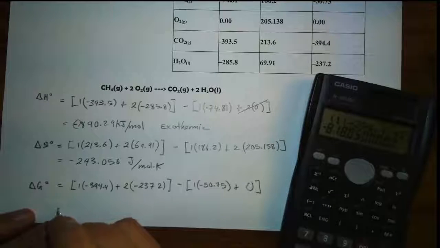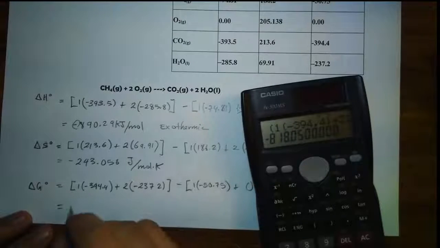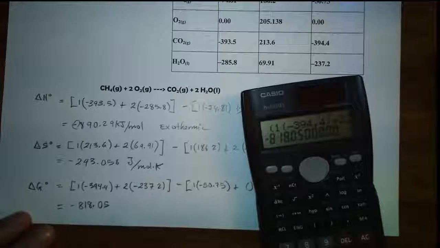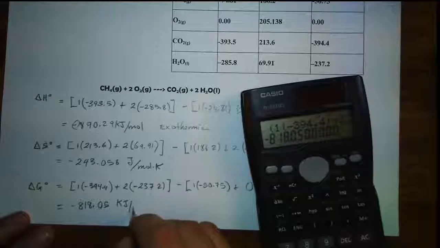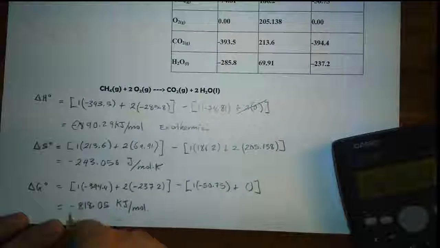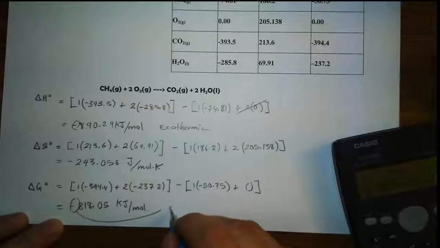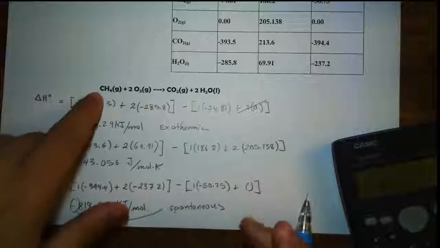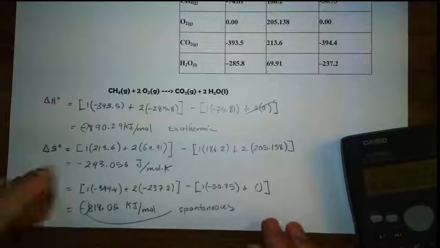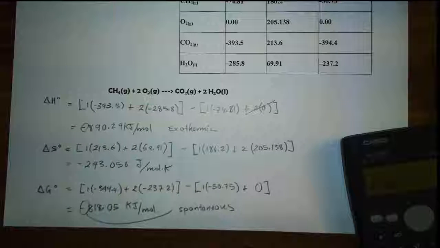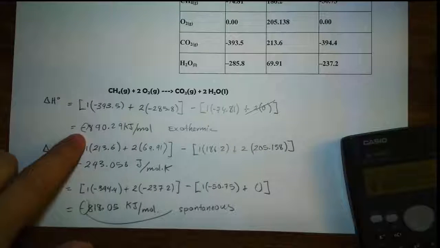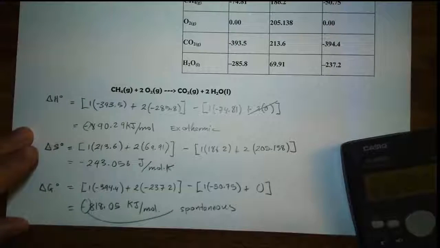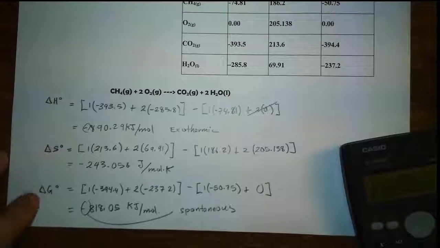What do we have? And the unit is kilojoule over mole. And what does that negative tell you? That this reaction is spontaneous. It makes sense. Methane is extremely combustible when exposed to oxygen, right? Which releases a lot of energy in terms of delta H. So that's all you have to do to calculate delta H, delta S, and delta G naught.